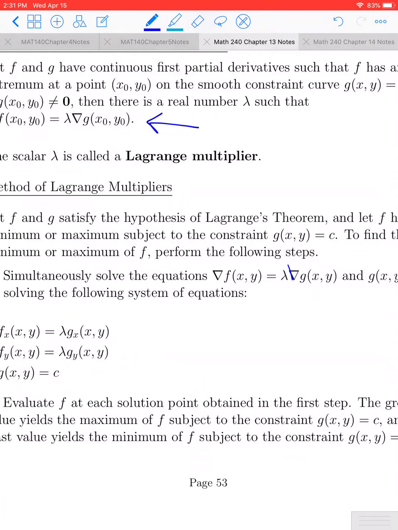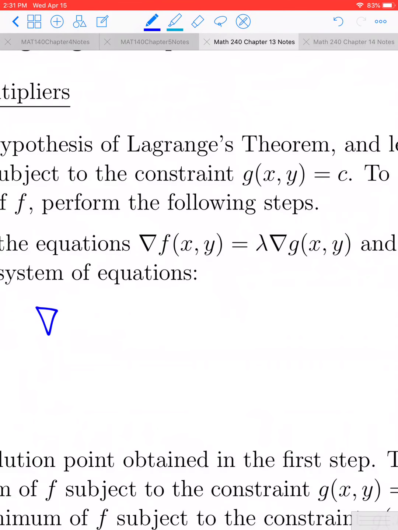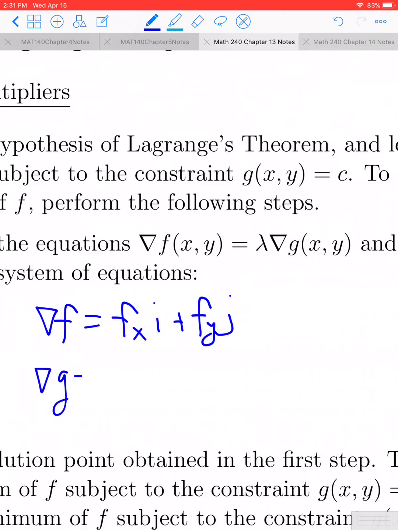And maybe I'll be a little bit more explicit here. If you look at the gradient of f, recall what was the gradient of f? Well, this was fx i plus fy j. The gradient of g, similarly, would be gx i plus gy j.